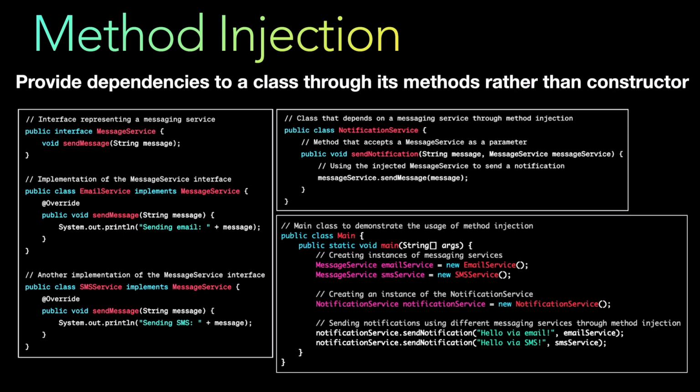It can be beneficial in scenarios where different methods of a class require different dependencies. If you include everything at the class level, it will just be a superset of everything, where each method might not actually need all the dependencies. So that is method injection.